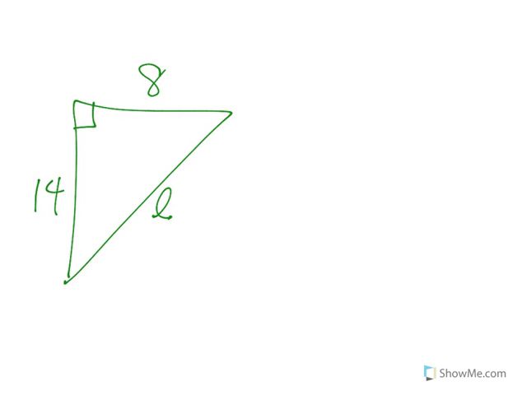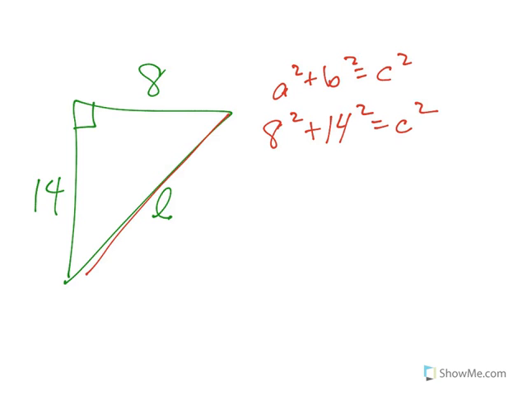I know that a squared plus b squared equals c squared. We have to use the Pythagorean theorem. So 8 squared plus 14 squared equals c squared. In this case, my slant height is the hypotenuse, which in our Pythagorean theorem is c.